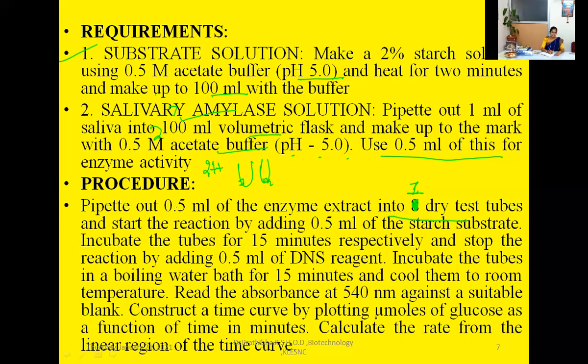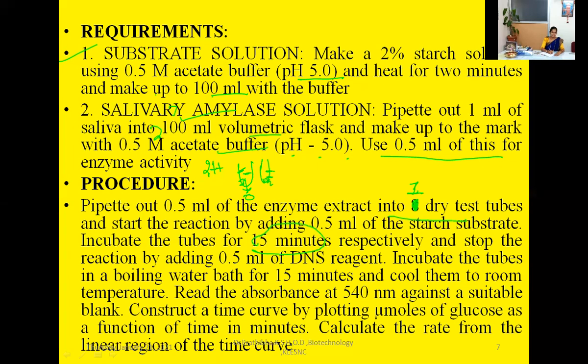Pipette out 0.5 ml of the enzyme and 0.5 ml of the substrate into each. The first test tube we are going to incubate for 0 minutes, the second test tube for 15 minutes.